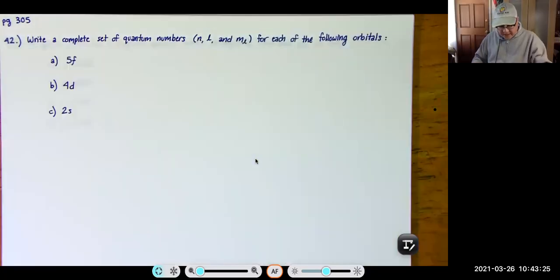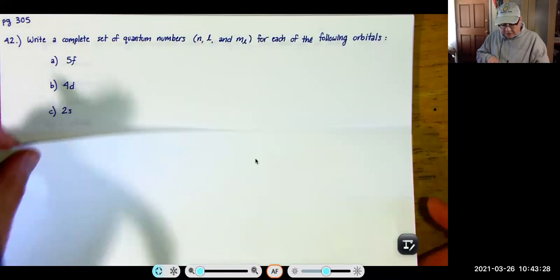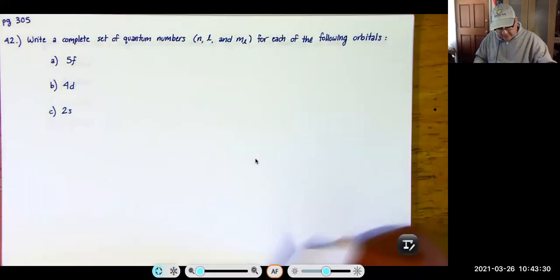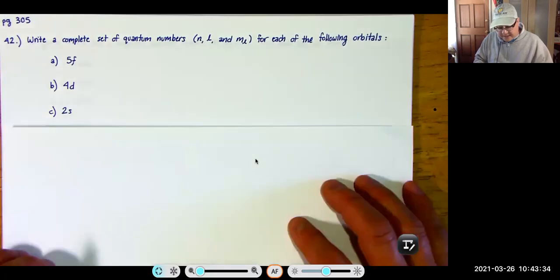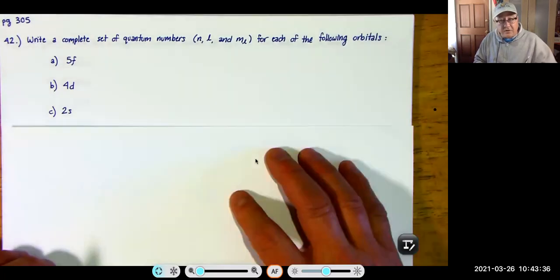Okay, write a complete set of quantum numbers for each of the following. So I'm going to let you do this, and when you're done, let me know.